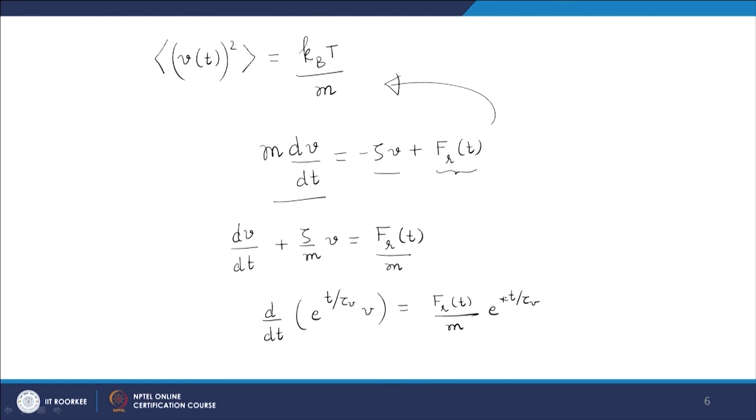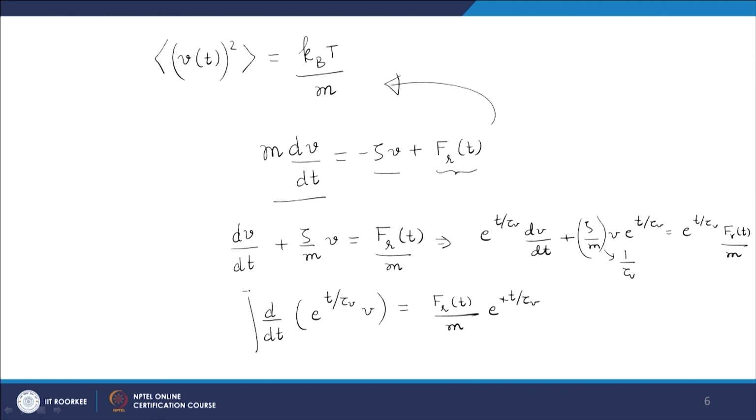So this equation we have got. If I multiply both sides by e to the power t by tau_v, and now you can see, if I take a derivative of this, this is what I am going to get, because this term is simply 1 by tau_v.